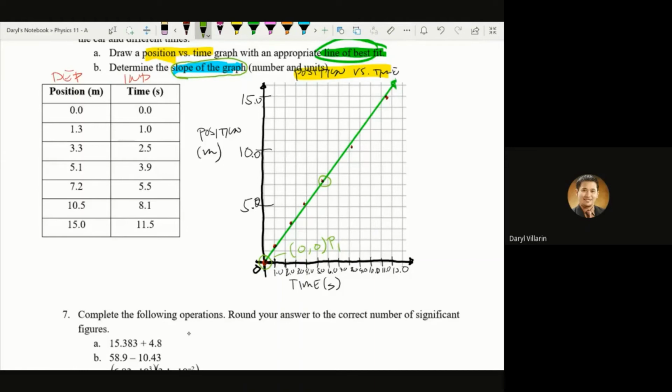This actual data point hits that average line that I have. The value of x is 5.5 seconds, and then the y value is 7.2 meters. So this would be my P2.